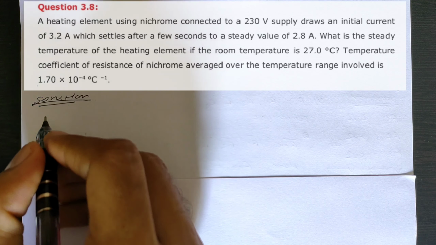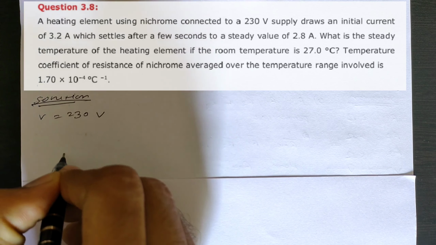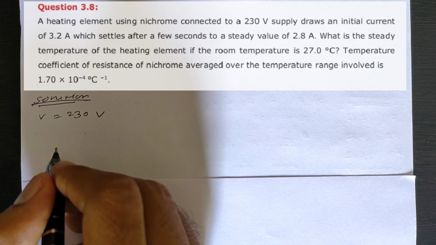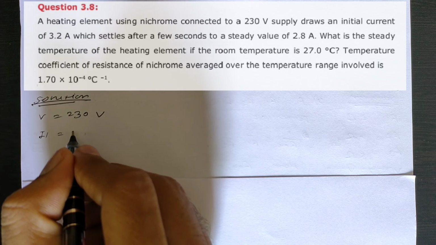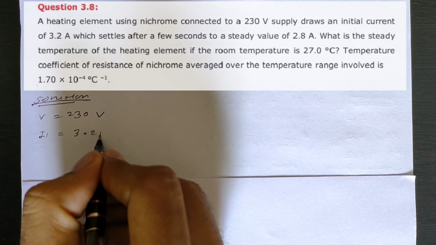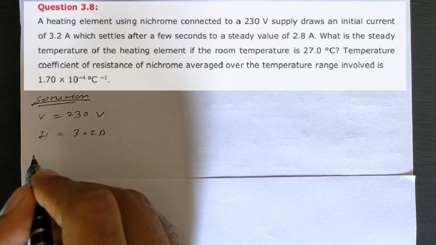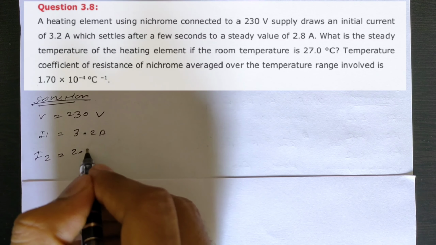So here you can say voltage supply V is equal to 230 volt. Initial current is 3.2 ampere, let it be I1. So I1 is 3.2 ampere, and after a few seconds current reaches a steady value. Let it be I2, and that is equal to 2.8 ampere.